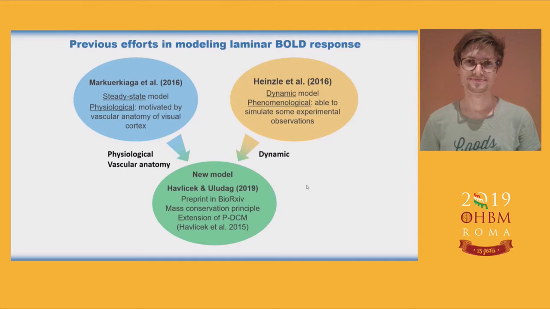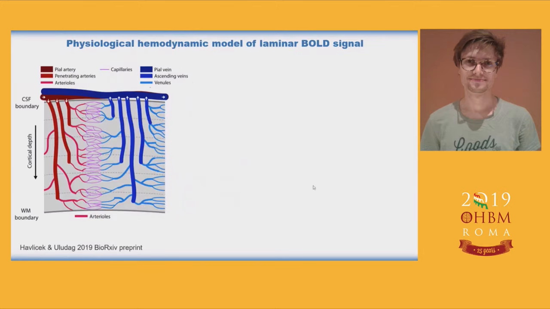So a little bit more about the model. If we think about the vascular anatomy of the cortex, and here I want to focus mainly on the venous side because that's where the majority of the gradient echo BOLD signal comes from, then small venules are merging into larger ascending veins, and those are then draining partially deoxygenated blood from lower depths into even larger pial veins on the surface.